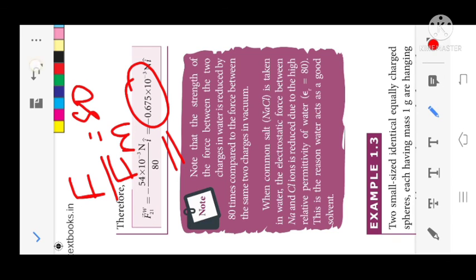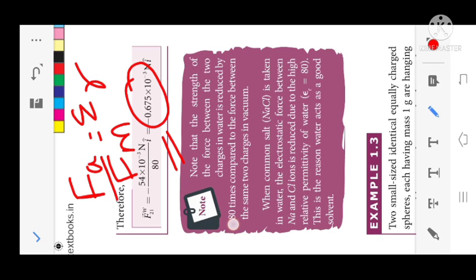So force in air by force in medium is equal to epsilon R. If I need the force in the medium, which here is water, then the force in the medium is Fa divided by epsilon R. Epsilon R becomes the denominator when we find the force in the medium.